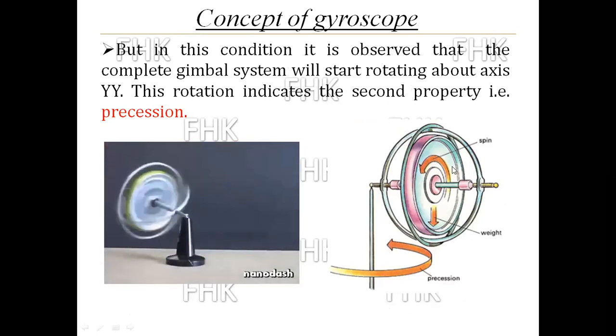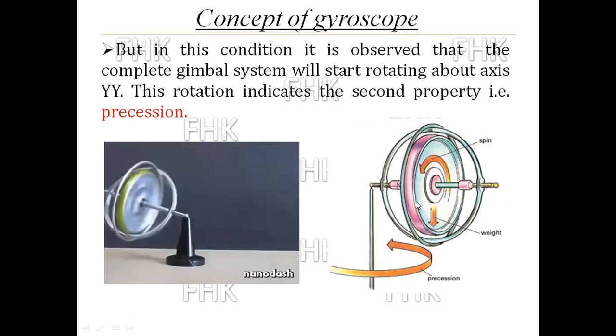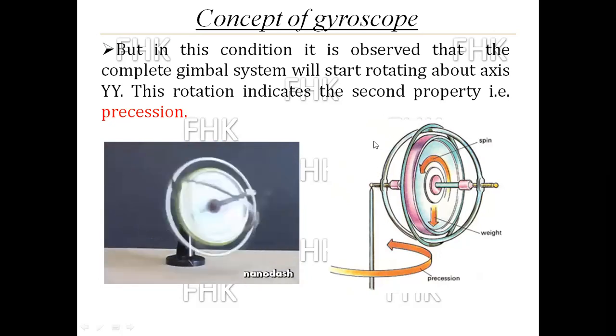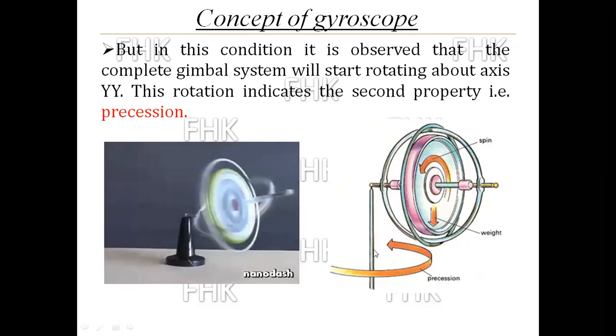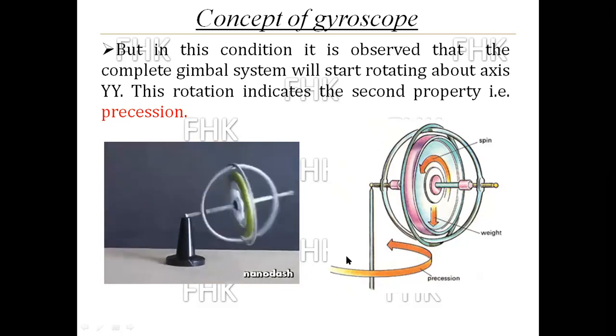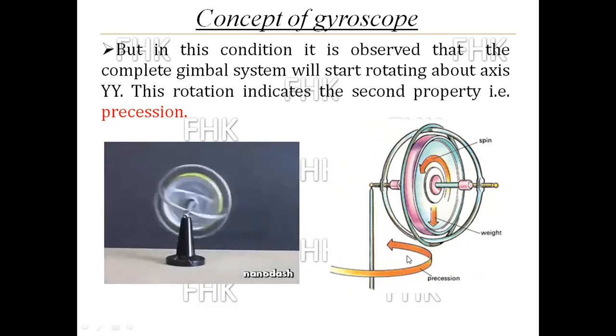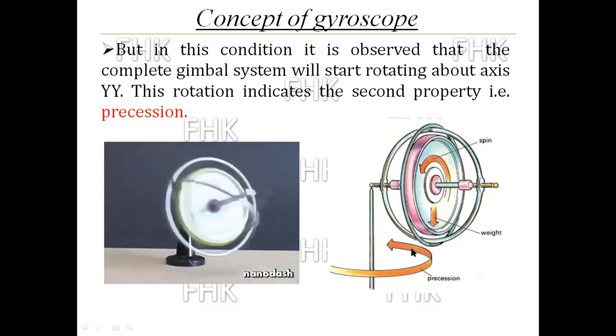So in this image you can see there are two rotations of the rotor. One is spinning on the horizontal axis, and the complete gyroscope is rotating about the vertical axis YY. So there is a second rotation of this complete gyroscope, and this rotation about the YY axis is called precession.